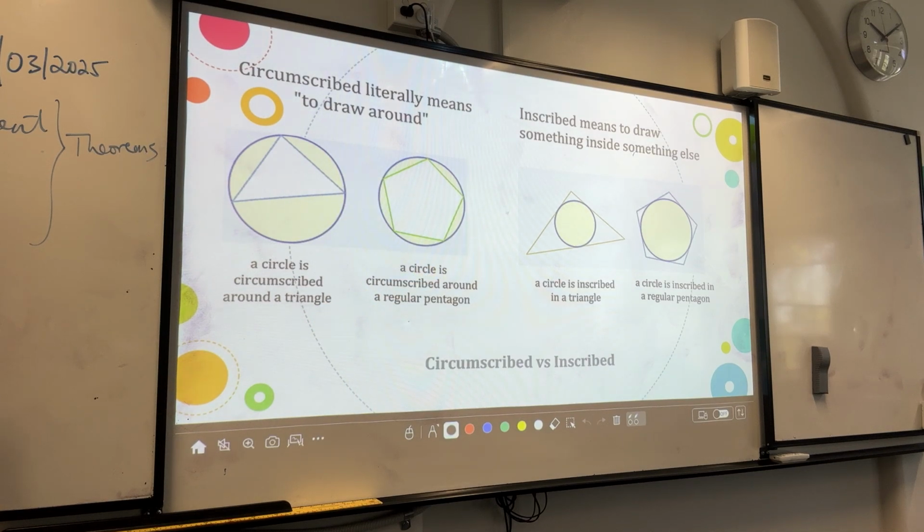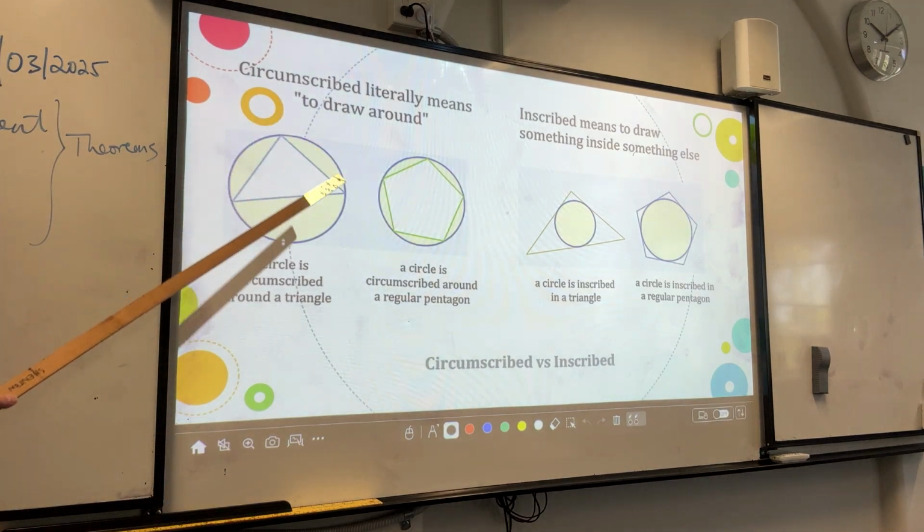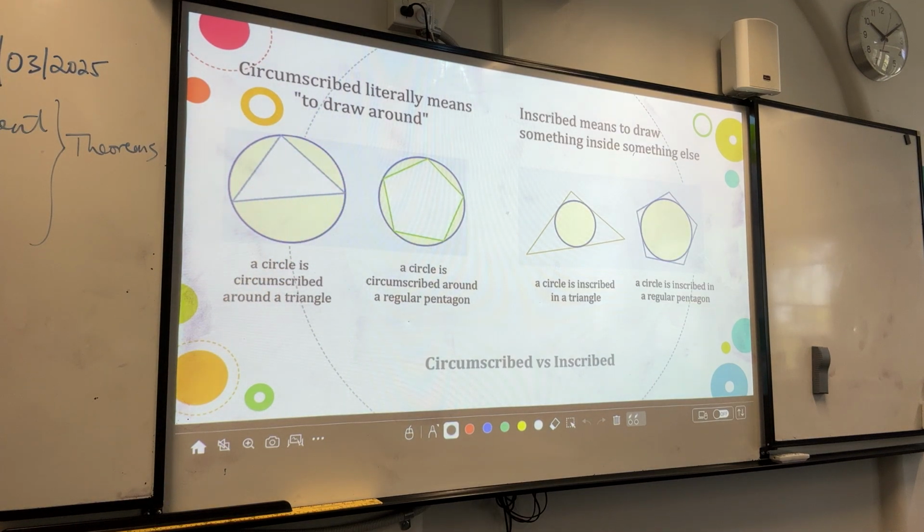So for example, for a cyclic quadrilateral, I'm sorry, the circle is circumscribed around the quadrilateral, alright? Let me repeat again.